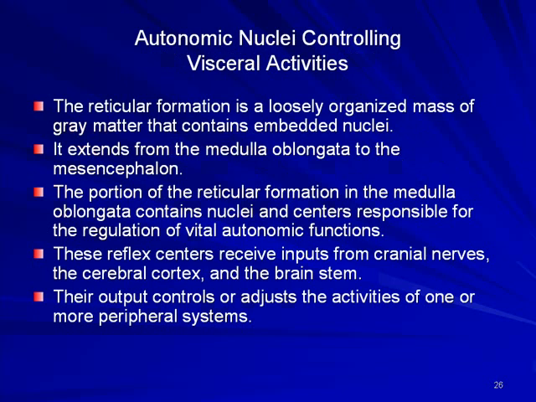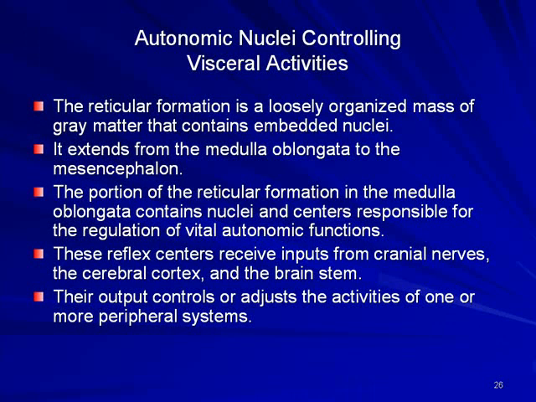Autonomic nuclei: the reticular formation is a loosely organized mass of gray matter that contains embedded nuclei. The reticular formation in the medulla oblongata has centers responsible for the regulation of autonomic function. Autonomic functions are those functions in our body that take place without our having to consciously think about them.